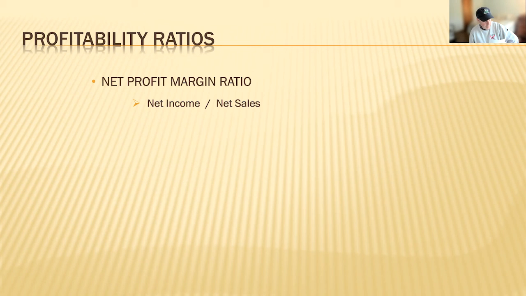So if we had $1 million worth of sales and we had $100,000 in income, we'd have 100,000 divided by $1 million, or 10%, as our net profit margin ratio. So our net income is going to be net of taxes, of course, not only returns on sales and so forth, but making sure that it is the number that is generated completely after paying all of our associated debts.